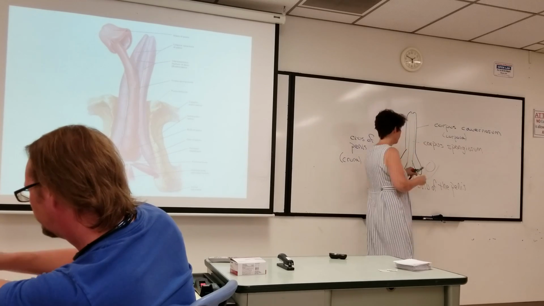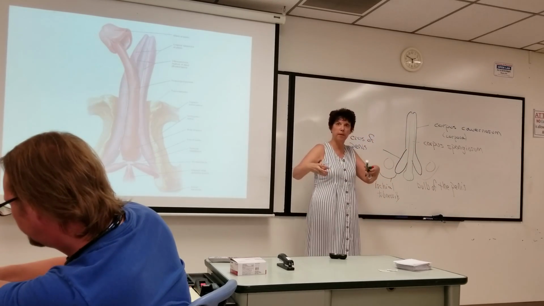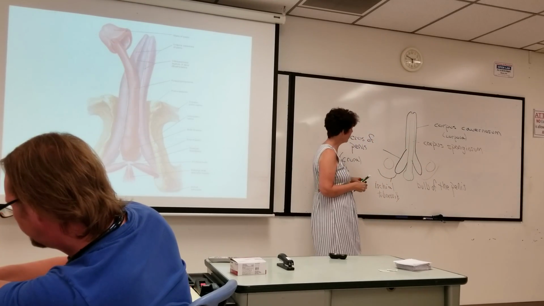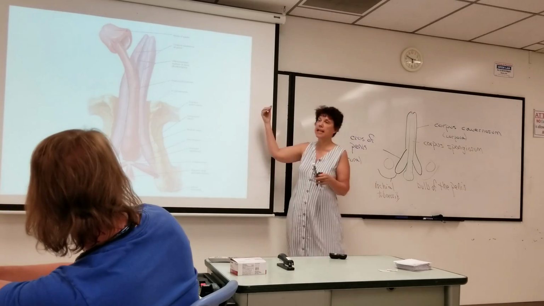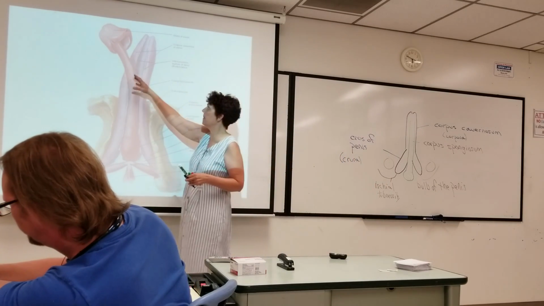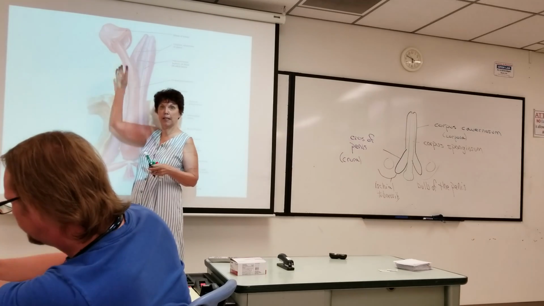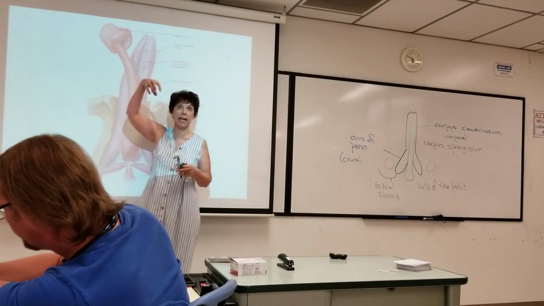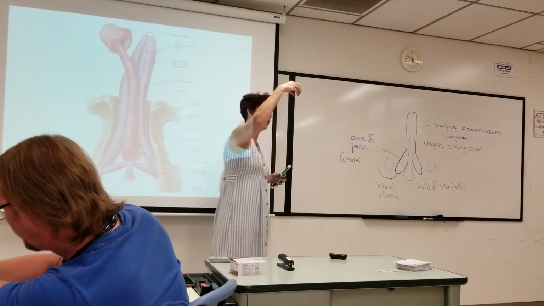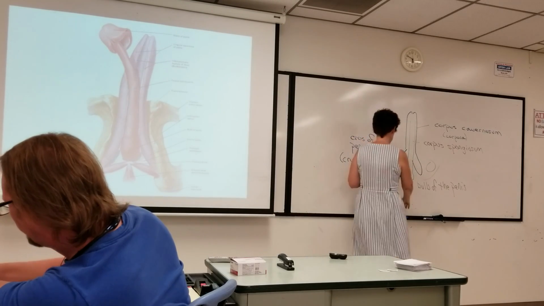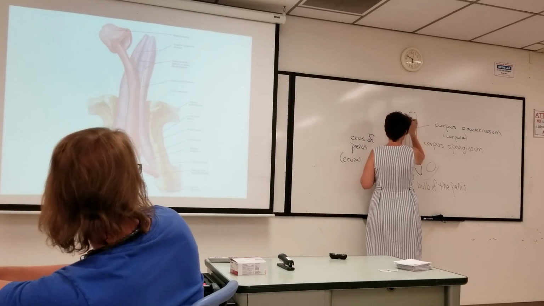So corpus spongiosum develops from the bulb, where the bulb becomes the corpus spongiosum. And then you can see the distal end of the corpus spongiosum expands to form this mushroom-like cap that passes dorsally to cover the two corpora cavernosa. So I'm going to erase this.